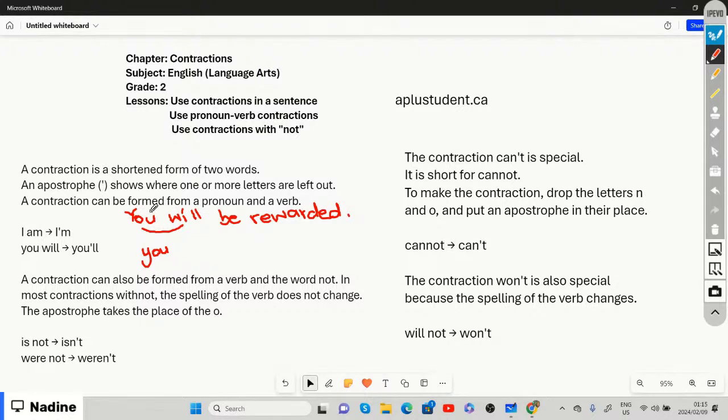In order to get the shortened form of you will, which is you'll, we're going to leave out the W as well as the I, and then we put an apostrophe in its place. Then we bring our double L down. So only the L's of the verb we are bringing down.